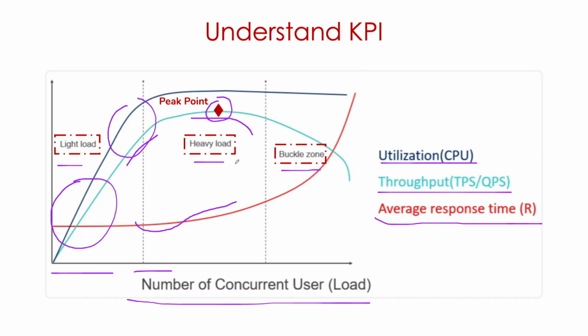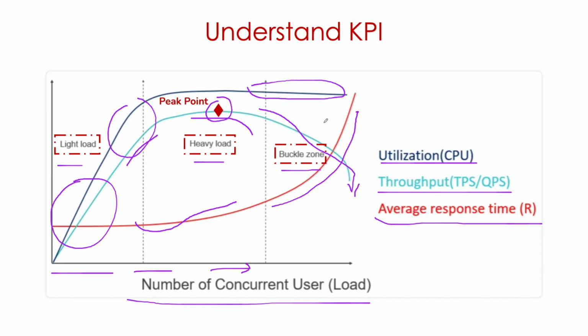If we continuously increase the concurrent users, then the response time starts to increase sharply, and the throughput starts to decrease sharply. So there's no more resource to handle the increasing requests. You can see the CPU is almost fully occupied, and no more resource can be used.